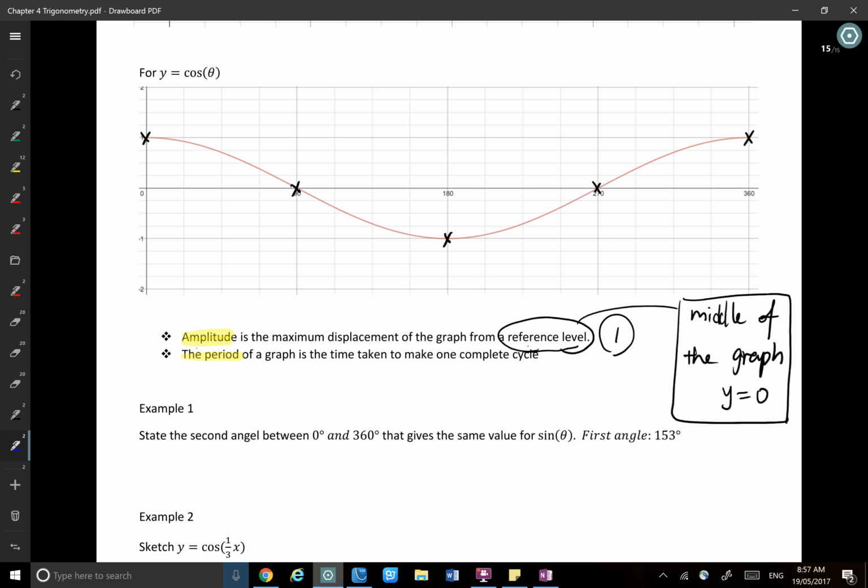Yes, 360 degrees will give you a full cycle, from 0 to 360. So 360 degrees is the period for both the sine and cosine graphs.